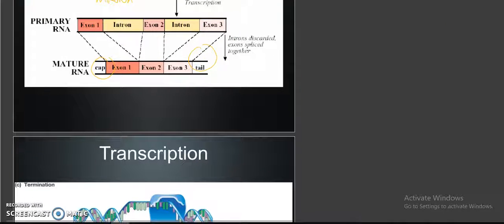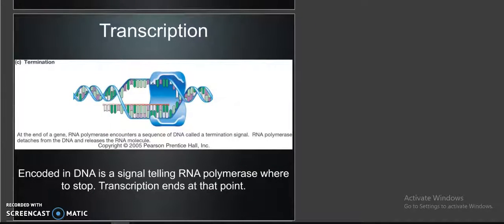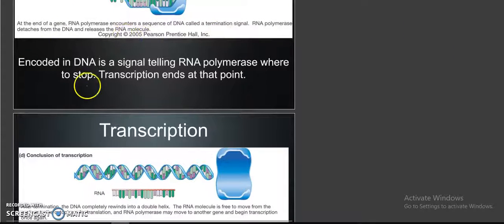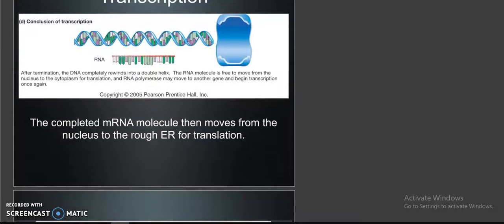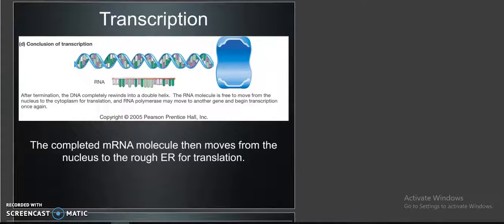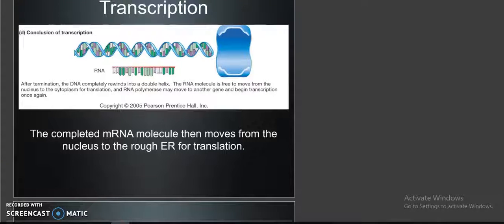The encoding in the DNA signals RNA polymerase to stop, and that is where transcription ends. So you now have a single-stranded mRNA, which is one of the strands from the DNA, an exact copy.